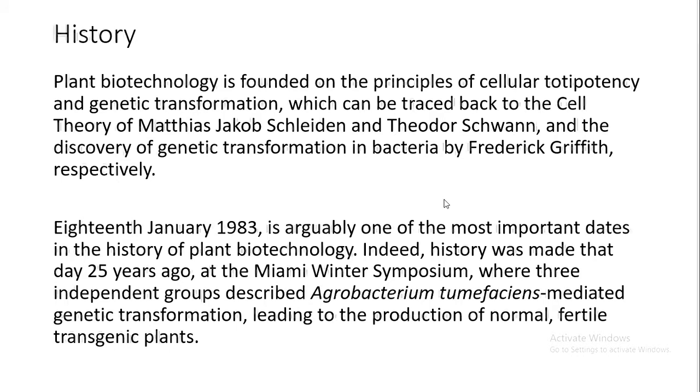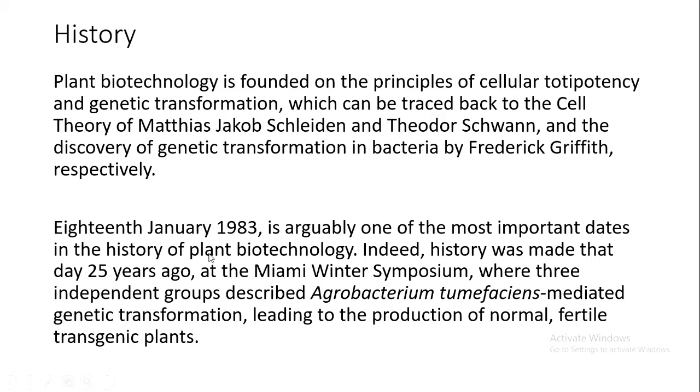That means three independent groups worked with Agrobacterium tumefaciens, a plant bacterium causing crown gall disease in plant root, and showed that this mechanism of bacteria causing root disease can be used as a DNA delivery or genetic transformation method, and that was a revolutionary discovery. After that, the whole scenario of plant biotech changed in a drastic way.